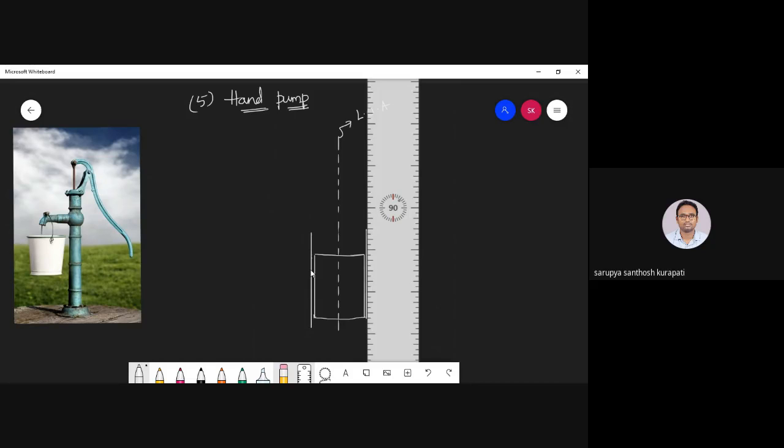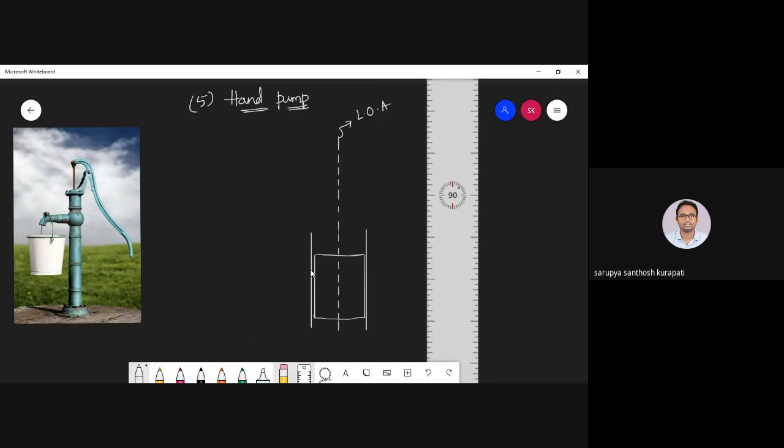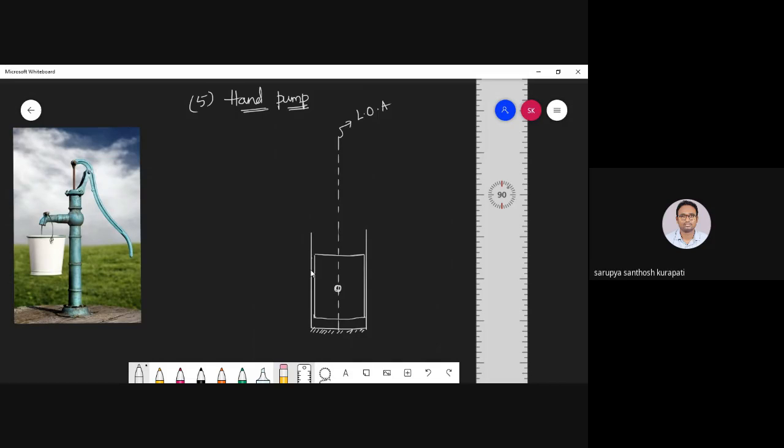To understand the purpose only, I'm drawing it, otherwise you may get confused. So this is my cylinder, and this is my slider. To the slider, the link which is going to connect is the coupler. So this is my coupler, and this is my crank. This crank is going to rotate about this particular point.